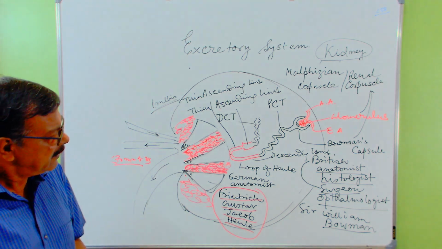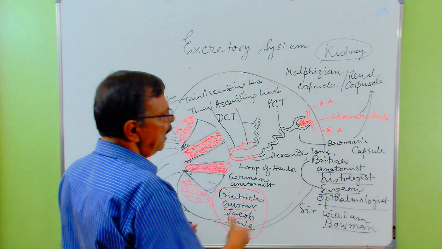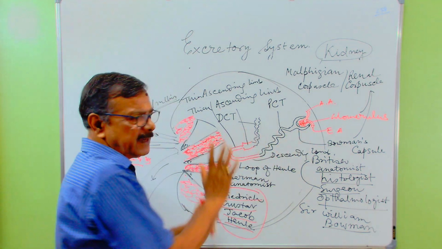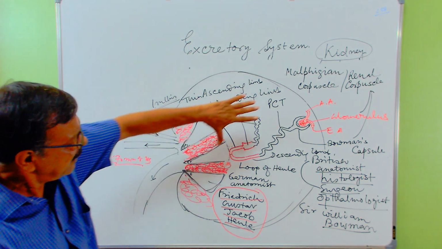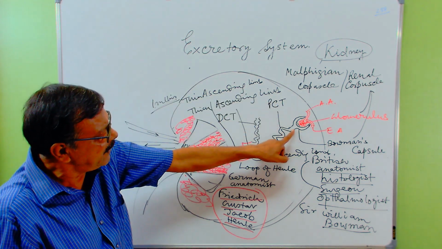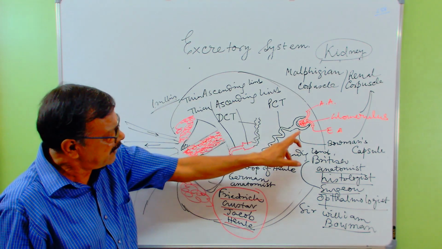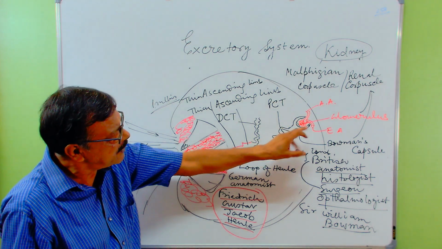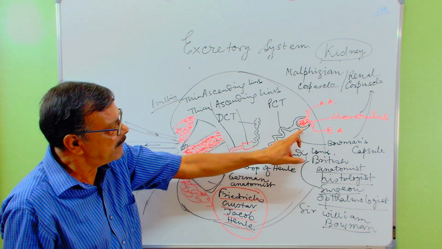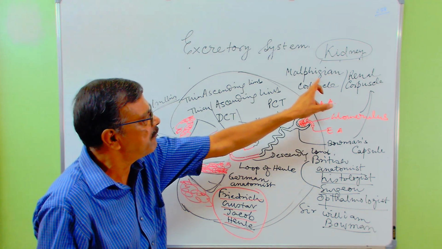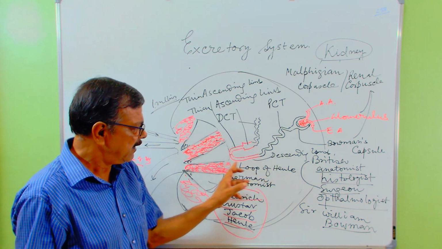Now this distal convoluted tubule will come here, and what the efferent arteriole does will come later. First of all, we should know that this is the superior nephron, with the glomerulus situated in the cortex. It is made up of Bowman's capsule and glomerulus together forming the renal corpuscle, then PCT, then the loop of Henle.